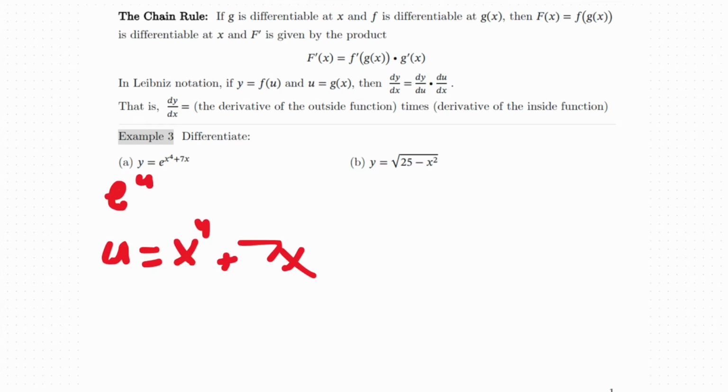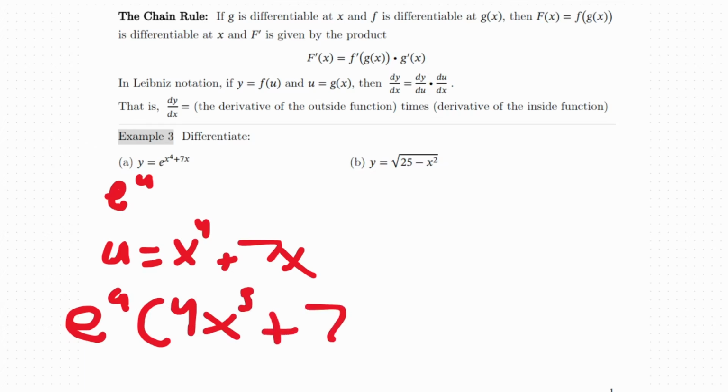And then basically all we're going to want to do is multiply this e to the u by the derivative of the inside function. So if we watched the last Hawk Tutor video, we're going to know that for this inside function, you can use the power rule, and it is going to be 4x to the third plus 7. So basically we're going to have e to the u times 4x to the third plus 7.